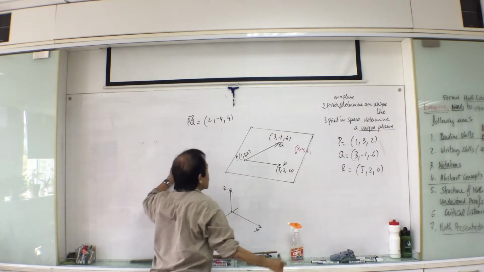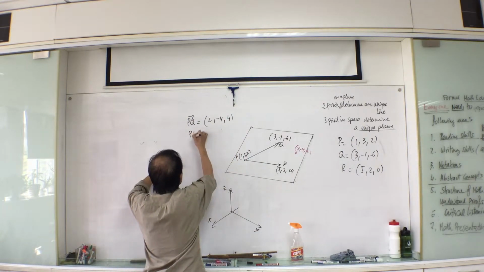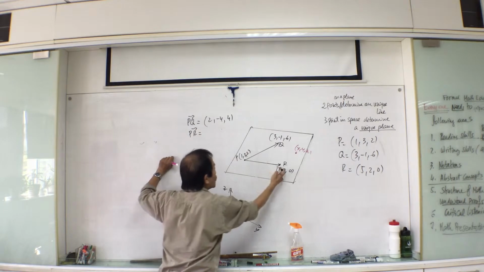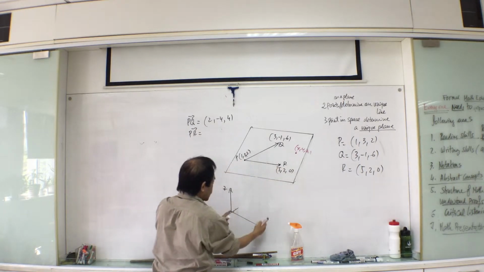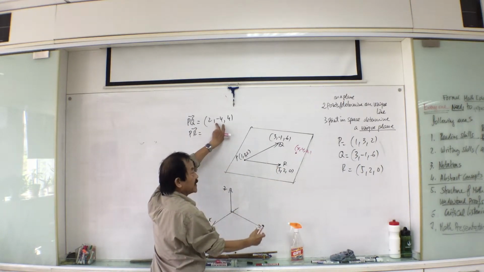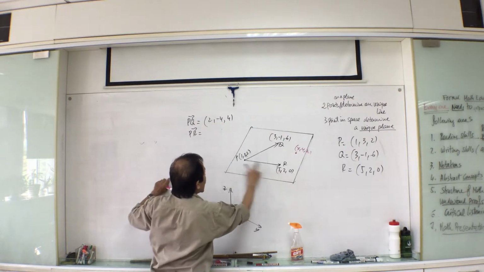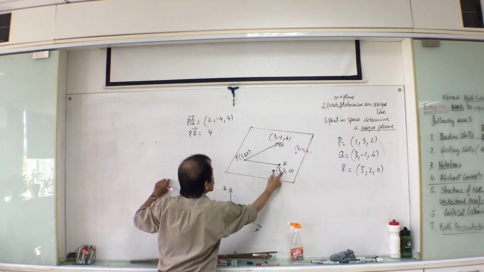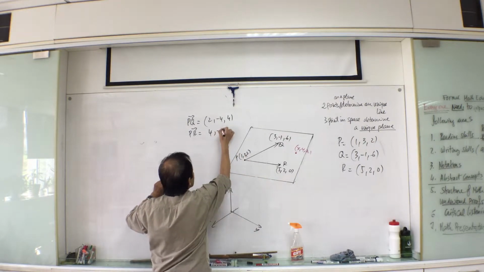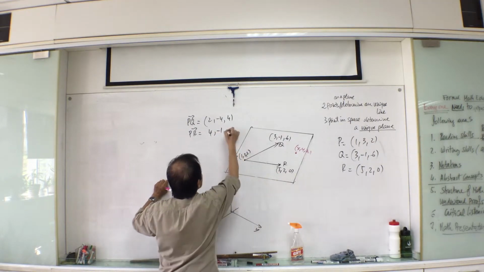That's PQ. How about PR? For PR, you take R minus P, because you move this one into a single vector, right? This one we call the position vector. So 5 minus 1 equals 4, 2 minus 3 equals -1, 0 minus 2 equals -2.